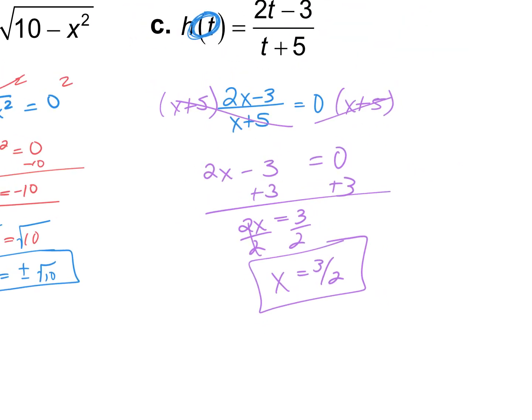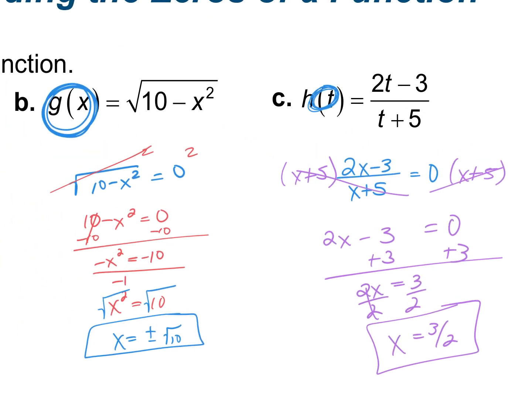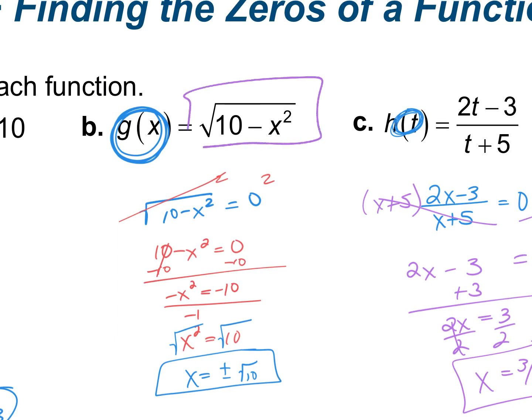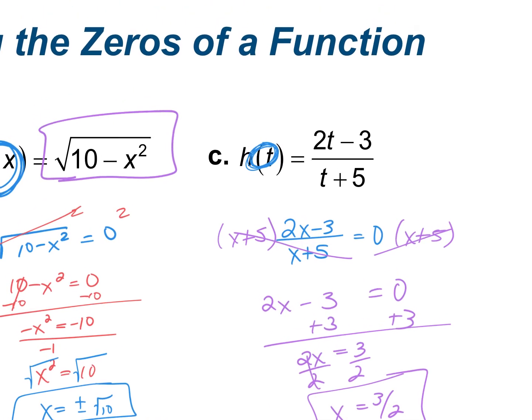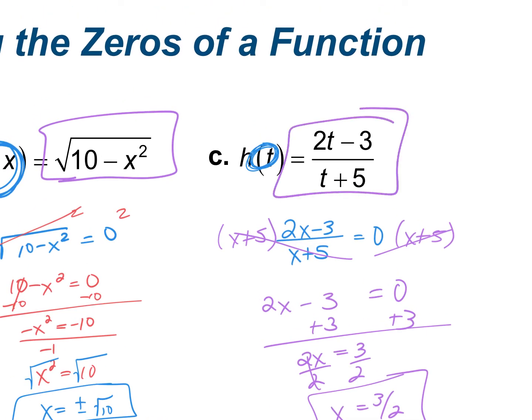So if you were to graph this, x equals 3 over 2, what does that tell you? It's a what? No, not necessarily, because look, your function's not a straight up and down line. But what is the graph going to do? Oh, sorry, over here. What is the graph going to do at 3 over 2?